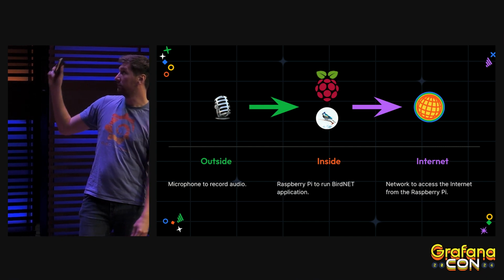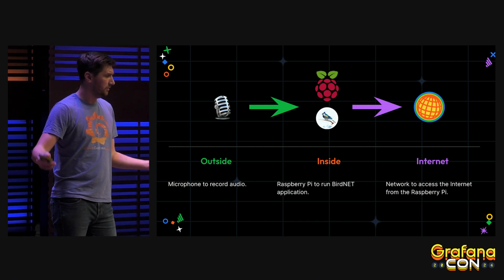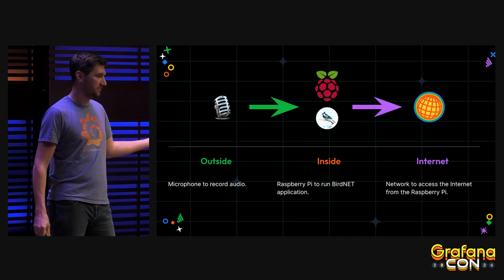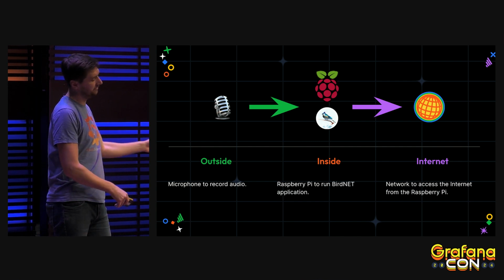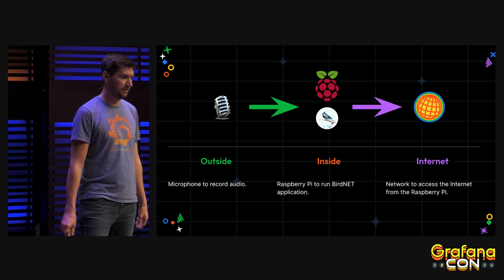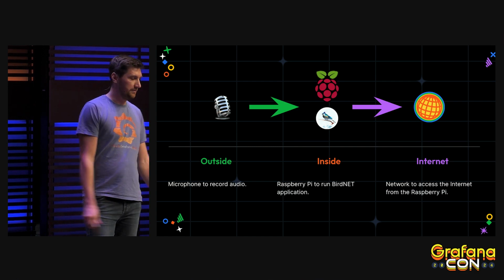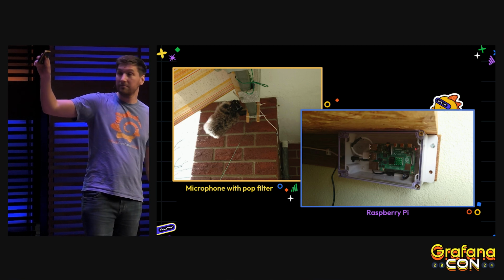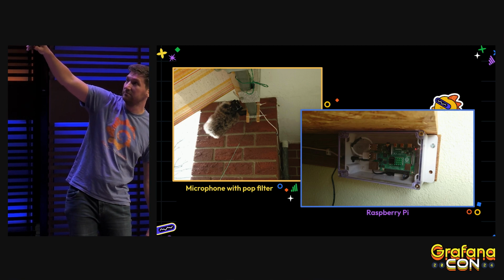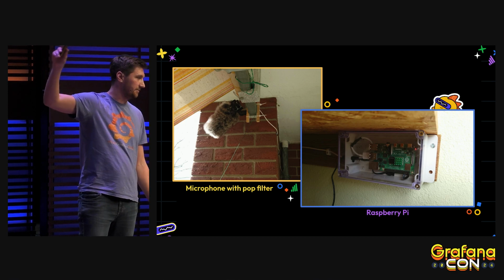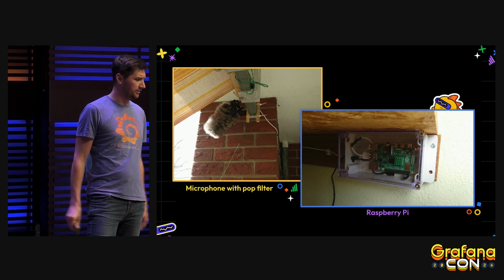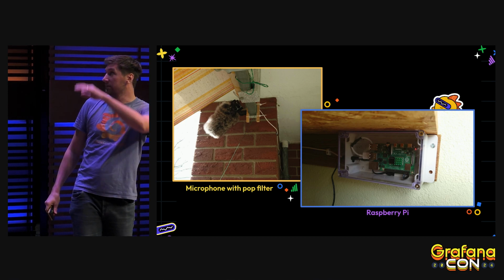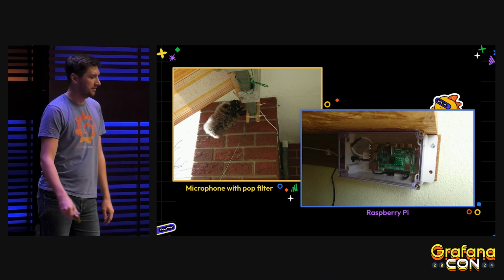And then, obviously, we need some kind of network connection, to either go to the Raspberry Pi or send data from the Raspberry Pi to the internet. Basically, very simple. Those are 2 actual pictures. On the left, this little weird-looking thing is the microphone with a little pop filter on top, at my balcony, and then obviously the Raspberry Pi in a small case.